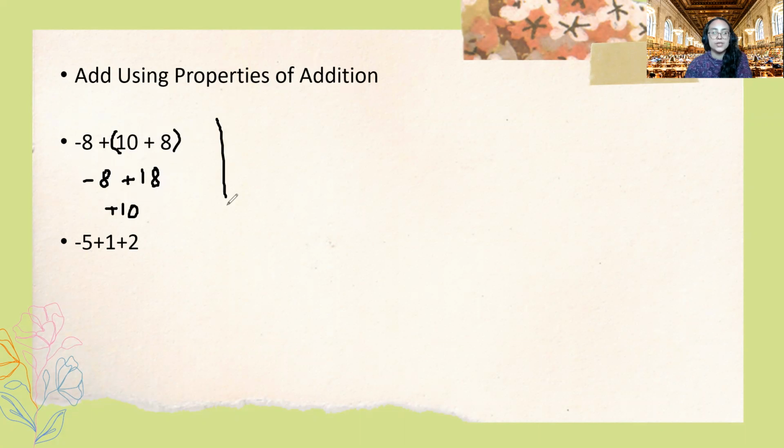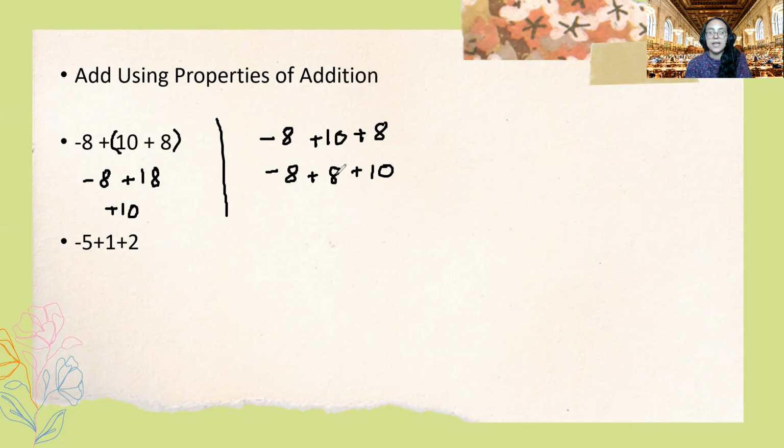Or what you could do is, if you have negative 8 plus 10 plus 8, I notice that negative 8 and positive 8 are opposites. So I can add those two together because I know that they are going to sum to something very special.